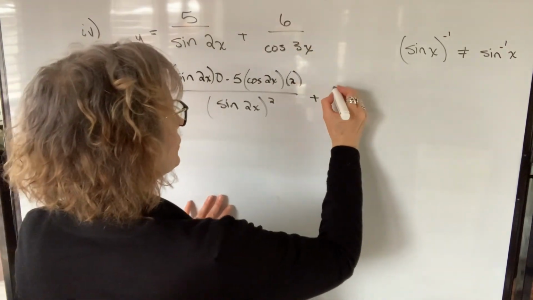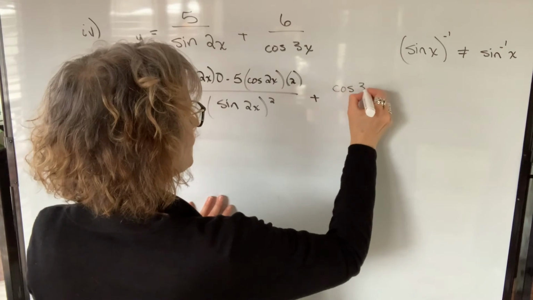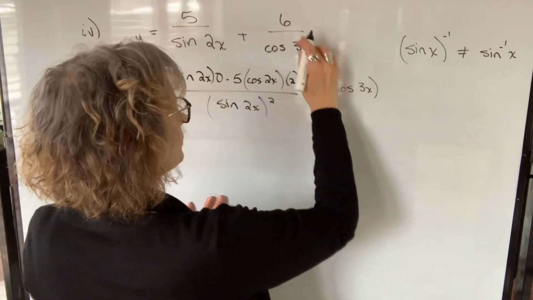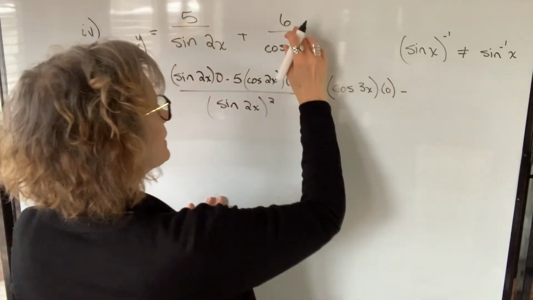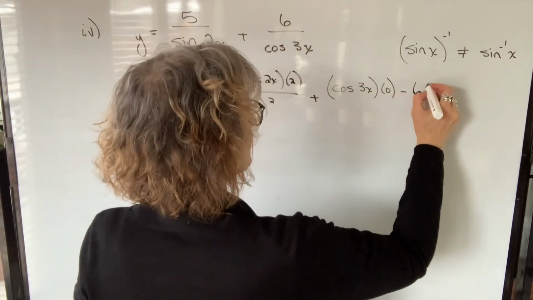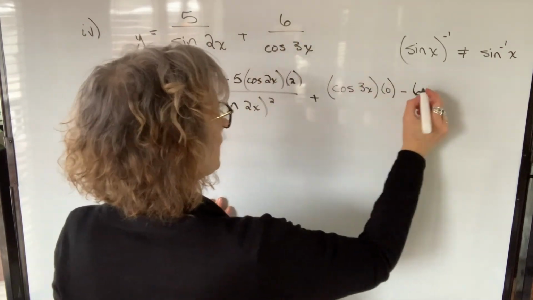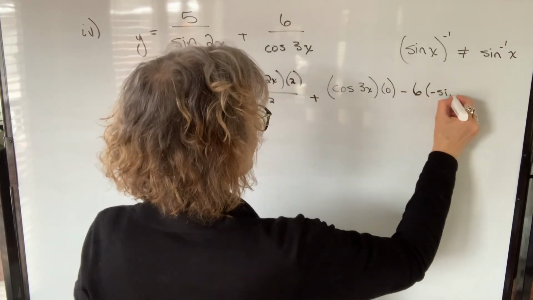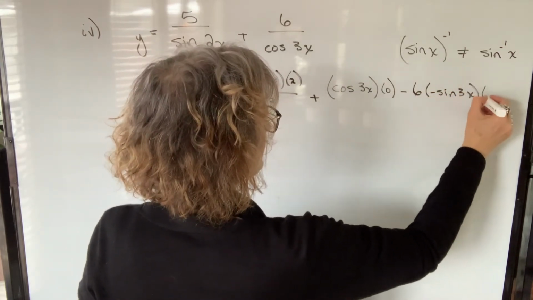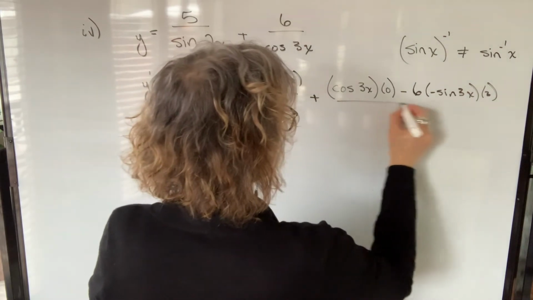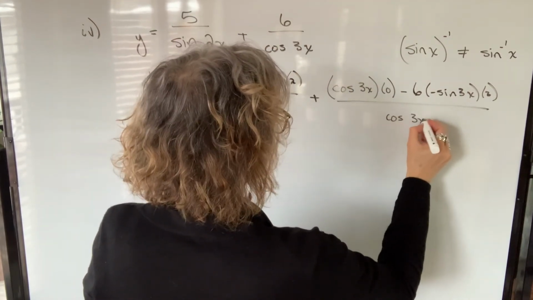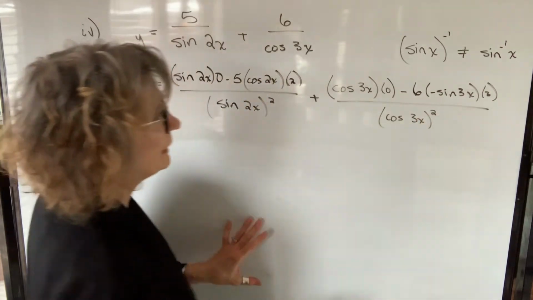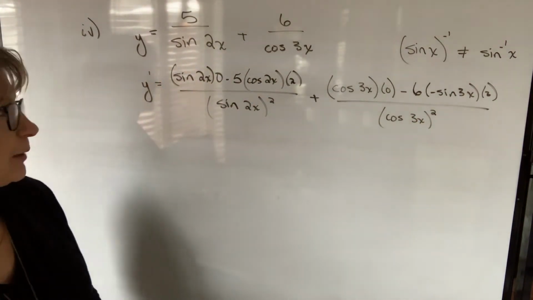I take the denominator, or v, cos of 3x, multiplied by the derivative of the numerator, which is 0, minus the numerator, 6, times the derivative of cos of 3x, which would be negative sine of 3x times 3, all over the denominator squared. So I'm just using the quotient rule that I used in the previous example.